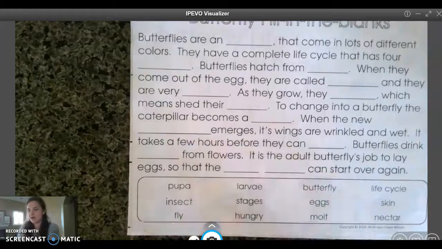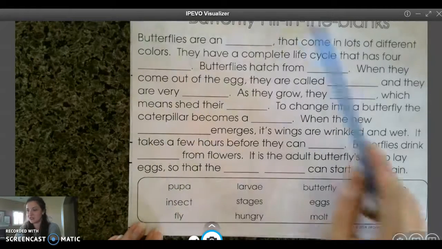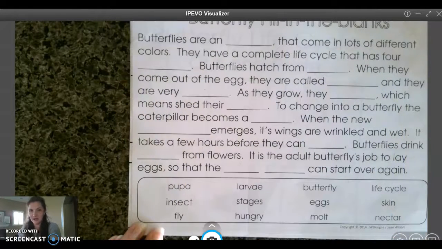So here at the bottom of the page, we have a word bank. And it looks like we have 12 words here that we are going to use in this paragraph about butterflies. And we'll need to find the right place for them to go. Okay?